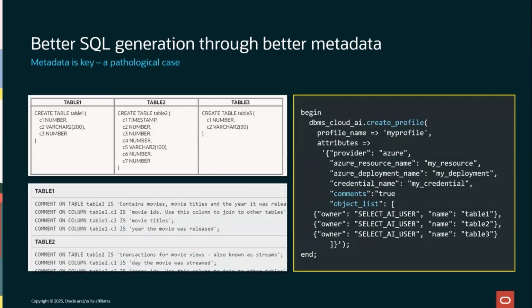But if we define comments on our columns, this information can be added to the table metadata that's provided to the LLM, so it can be more likely able to generate runnable queries, in this case against our specific movie stream schema. And even when tables and columns are reasonably named, adding such metadata in the form of comments can be a significant asset. And this is just one of the ways that you can tune your schema to help the LLM produce better queries through Select AI.